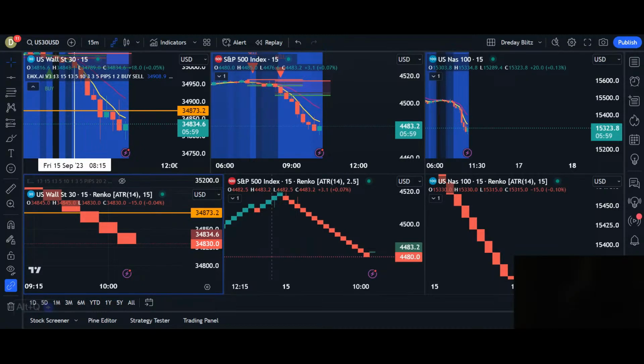I've been using Renko bars since the beginning of my trading journey. Renko bars are a really high level type of instrument that you're able to use, and most of the banks and the market makers are using a type of Renko bar.